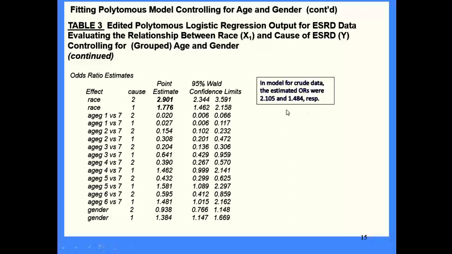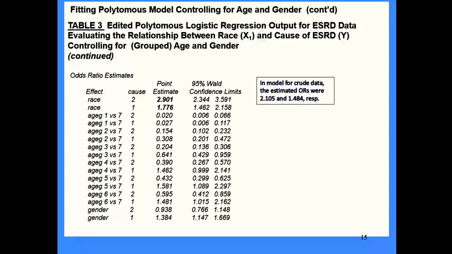So we're getting different numbers. Why? Well, we're controlling for something we didn't originally control for, though it didn't change that much. Can you tell whether the 2.901 is significant? What makes you think it's significant? I've only shown you the confidence interval.